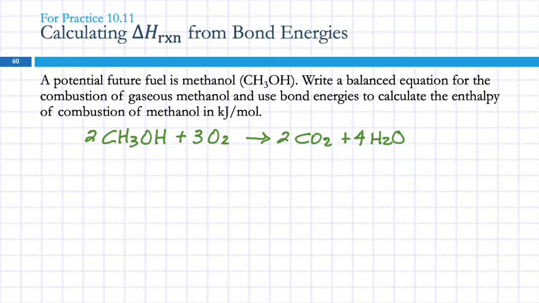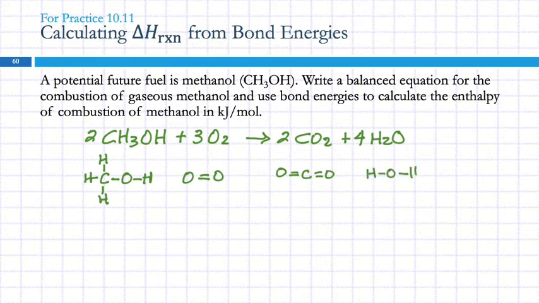And to do this, we have to look at the Lewis structures, because we need to know what kind of bonds we have. As I said, this is tedious. So those are the sorts of bonds that are here.